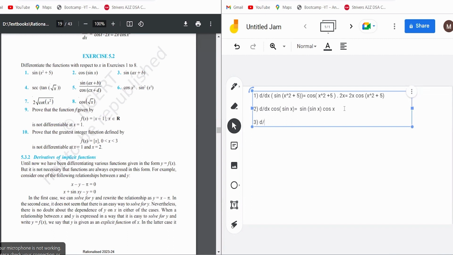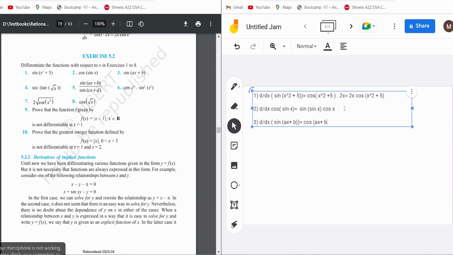Now it's d by dx of sine of ax plus b. Okay. So what is this? This is nothing but differentiation of this thing. Firstly, differentiate the outer function. What's the outer function? Sine. Differentiation of sine is cos. So cos of ax plus b.